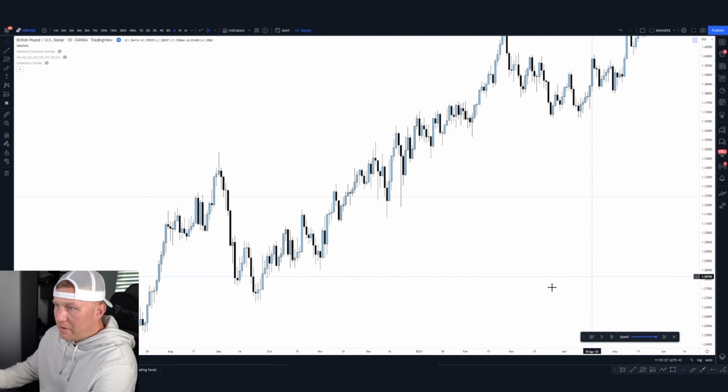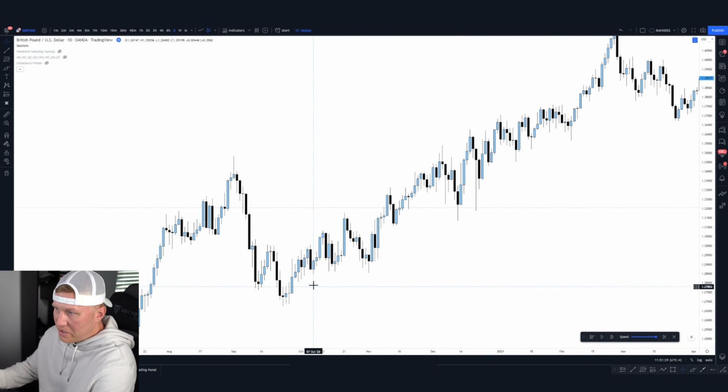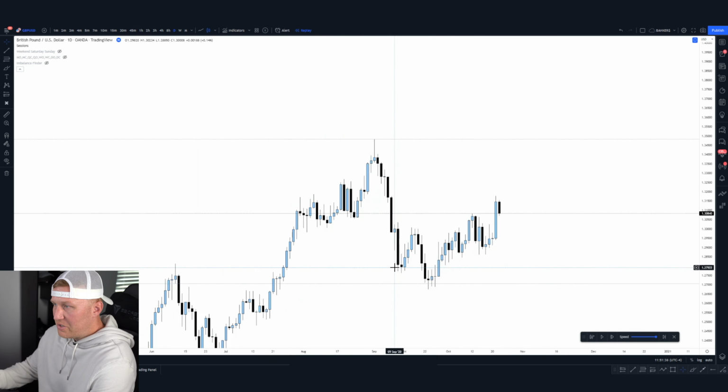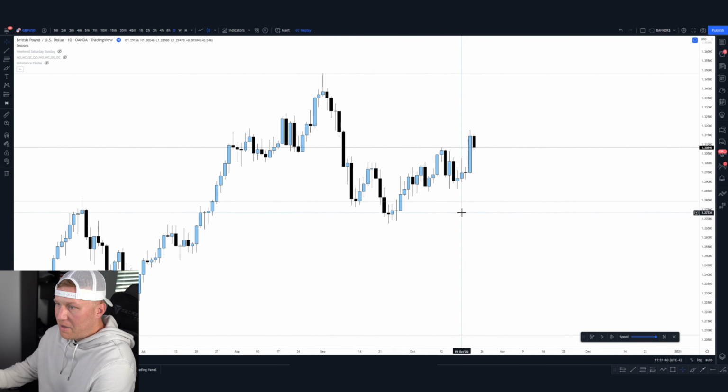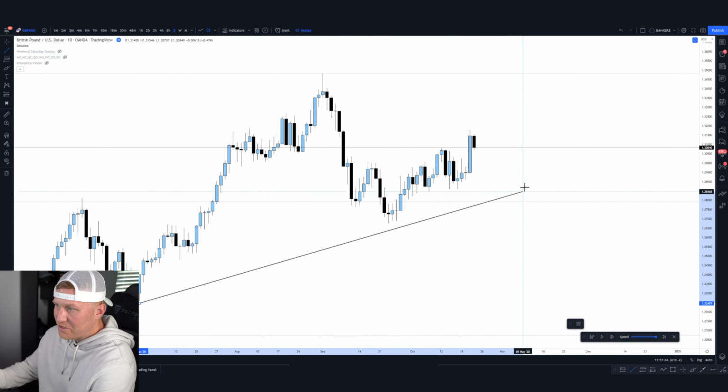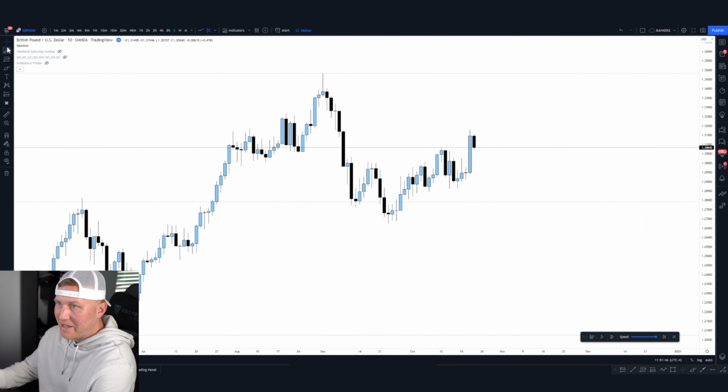So when we look here, if somebody was looking at this area, let me just throw it in replay mode and we'll walk through this price action. If somebody saw this push up here, maybe they have a trend line, maybe they're doing something like this. Again, you can see how subjective it is. Maybe they're connecting these lows.